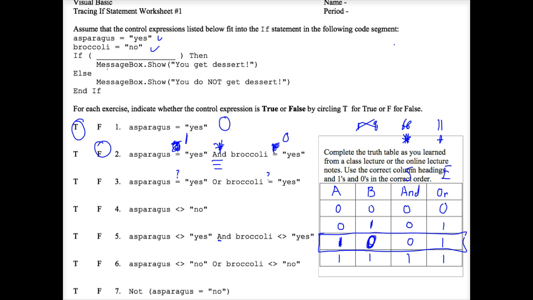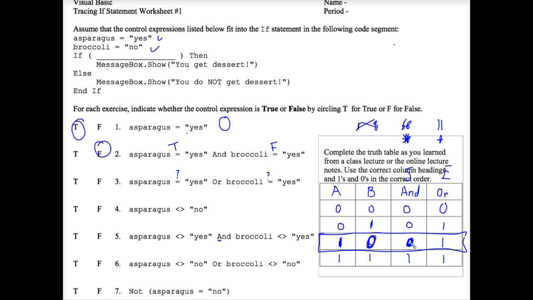If you don't like math, or you just want to do it the other way, you use your little T's and F's and refer to your truth chart. So let's do it that way because that's really the way I typically teach you how to do it. Elisha said a little T here and a little F for false there. And over here, when you have a true ANDed with a false, your answer is false.